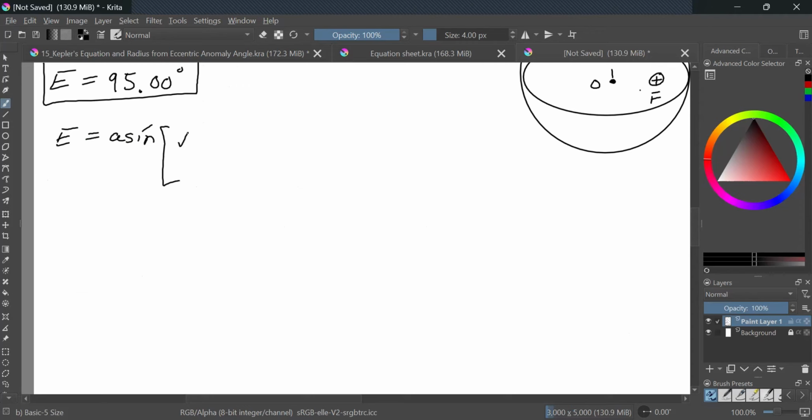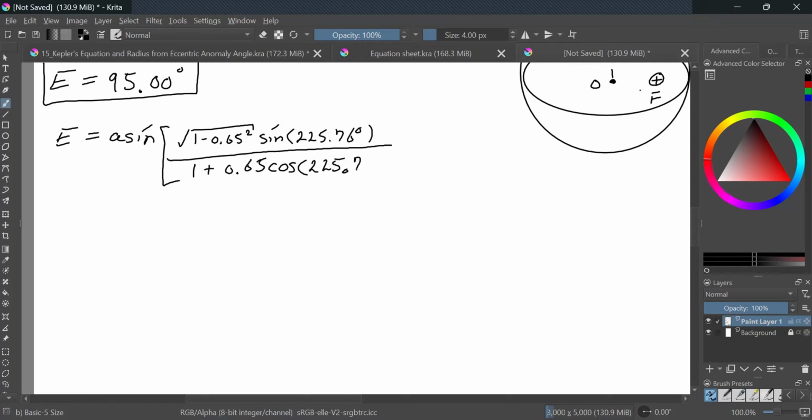We have the square root of 1 minus 0.65 squared, times the sine of 225.76 degrees, all over 1 plus 0.65 times the cosine of 225.76 degrees.